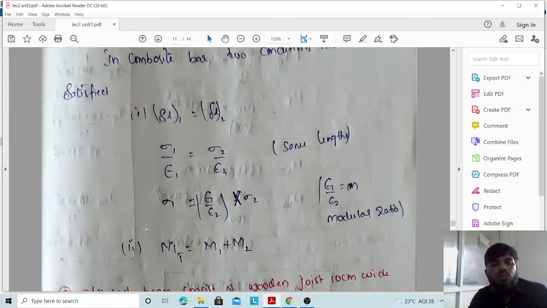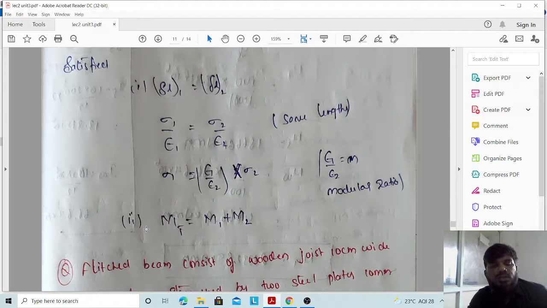The next thing is that the moment of resistance of the total structure will be equal to the moment of resistance of the first element plus the second element. In the first unit we discussed that if it is a composite material, the deflections of both the materials will be equal and the load applied will be distributed like this: P is equal to P1 plus P2. The same conditions we are using here, but instead of load, we are using M1 and M2.